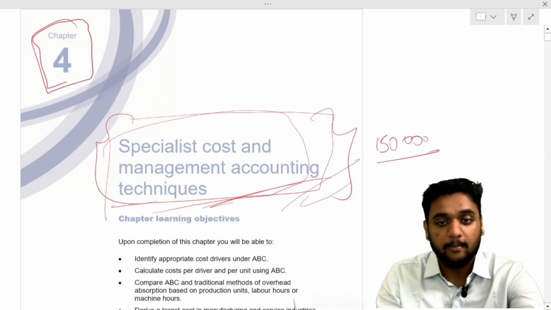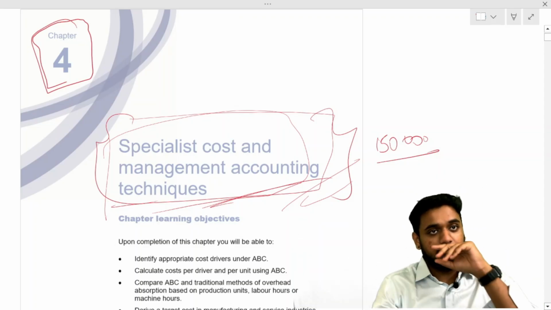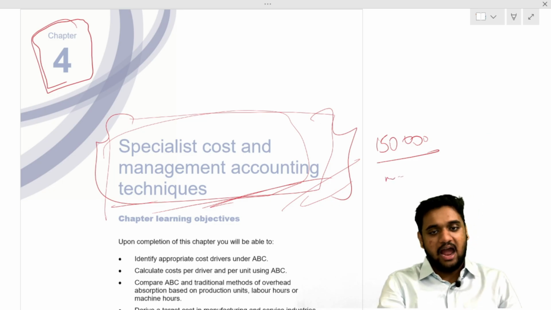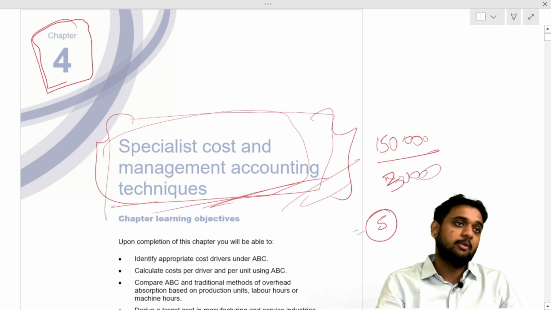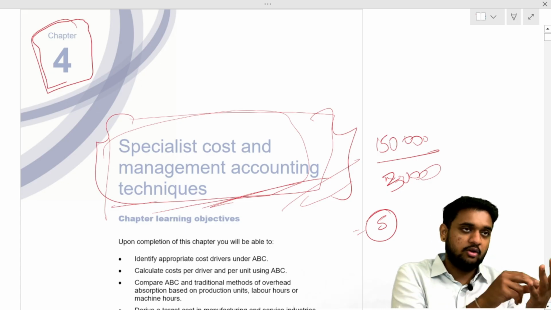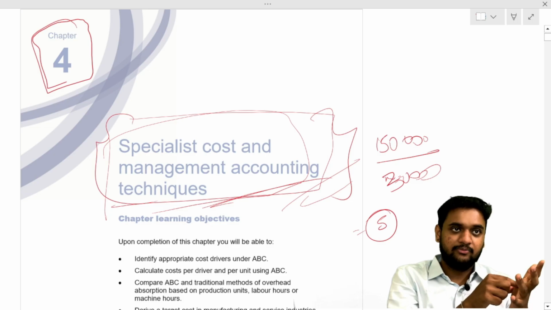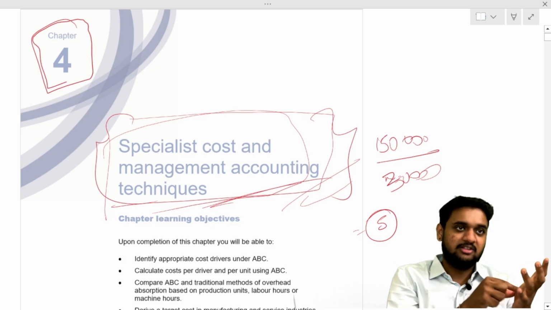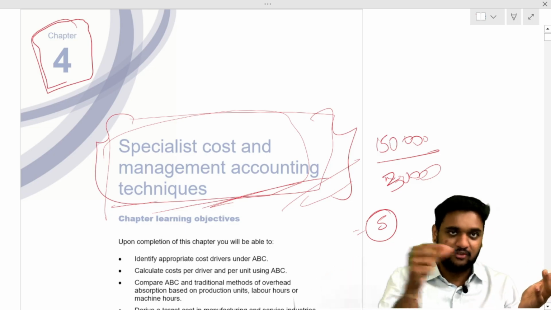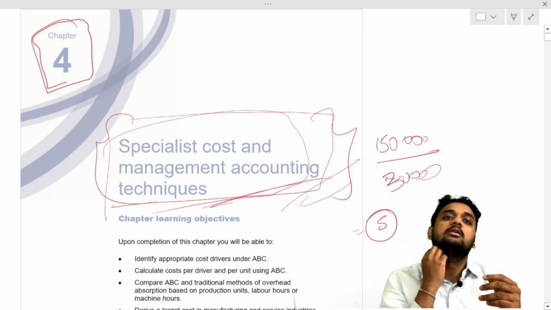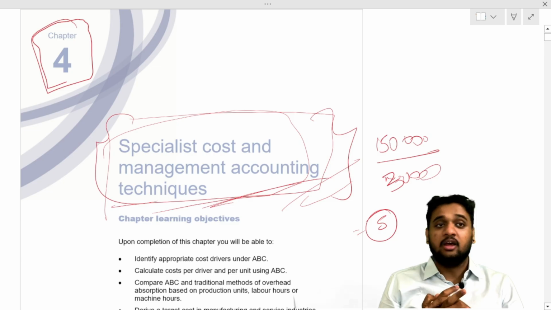We will add all the number of units together and divide. If the number of units is 30,000, we will find the fixed cost to be 5 rupees per unit. So every unit which we produce, 5 rupees of rent we will allocate. That unit's material, labor, direct expense plus variable overheads plus this fixed cost of 5 rupees, and then we will find out the total cost of that product. That is what earlier we used to do.